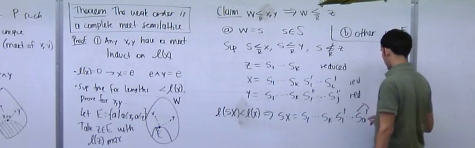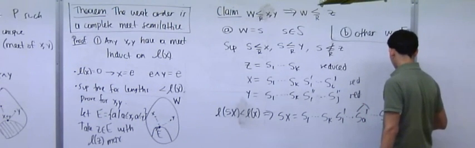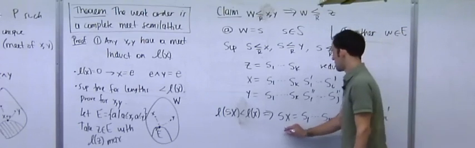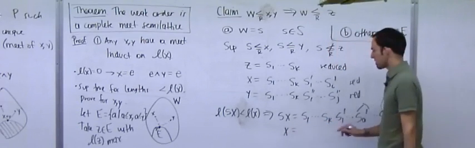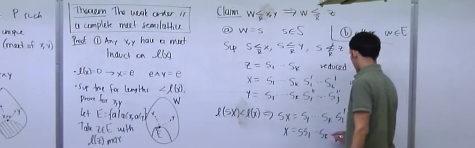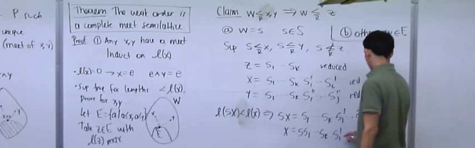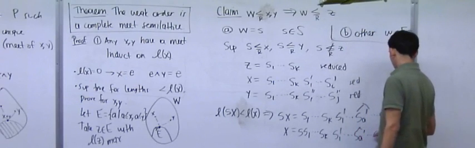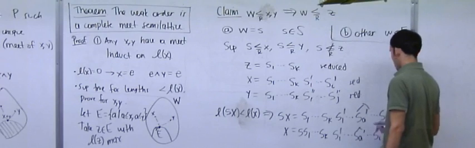The one that I remove has to be one of the s primes. If I have this, I can solve for x and get x equals s, s1 up to sk, s1 prime, up to s prime.